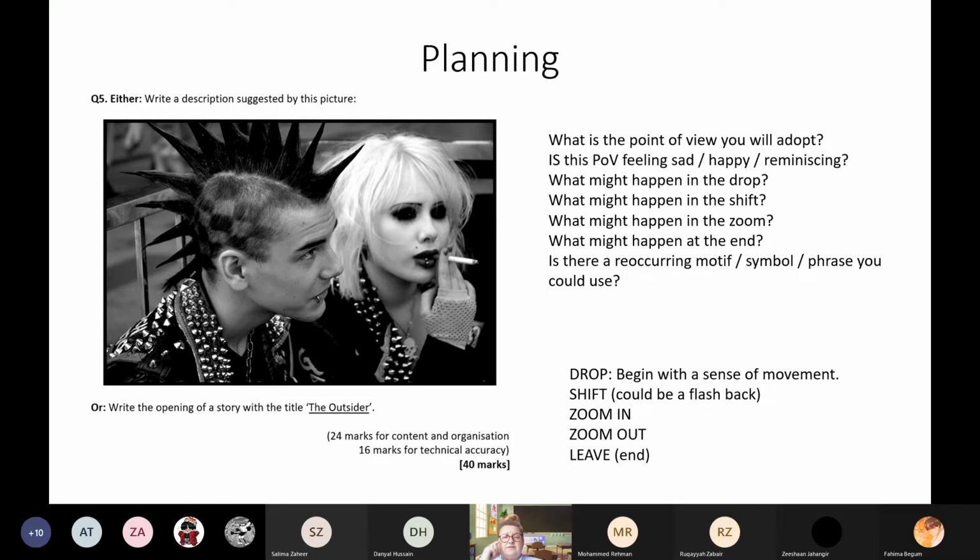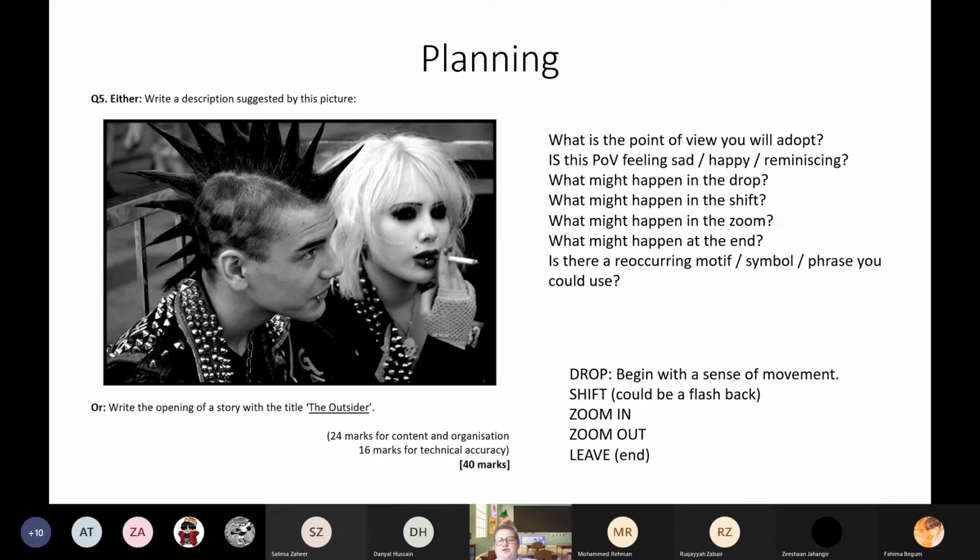And by using some of these prompts, you're going to be able to round out your description or your narrative in a way that's going to help you pick up more marks for that content and organisation.